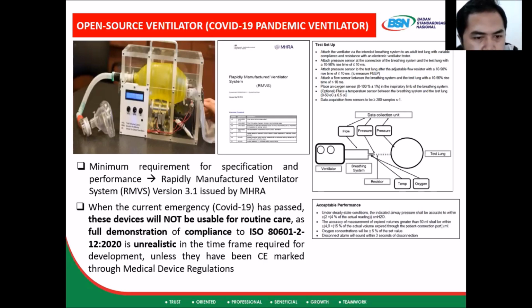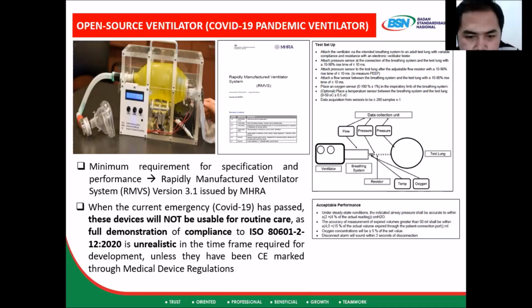When the current emergency of the COVID-19 situation has ended, these devices will not be usable for urgent care, as full demonstration of compliance to ISO 80601-2-12:2020 is unrealistic.